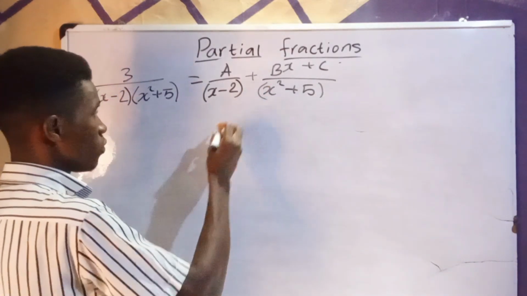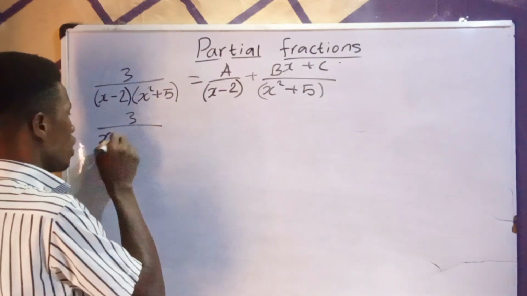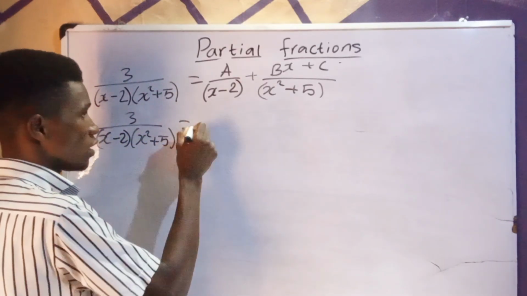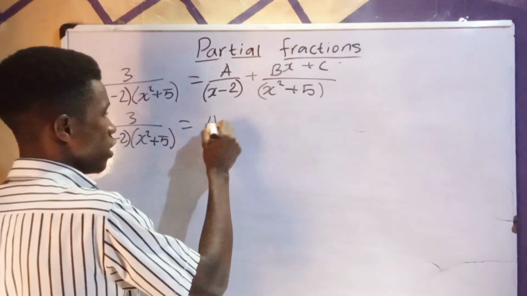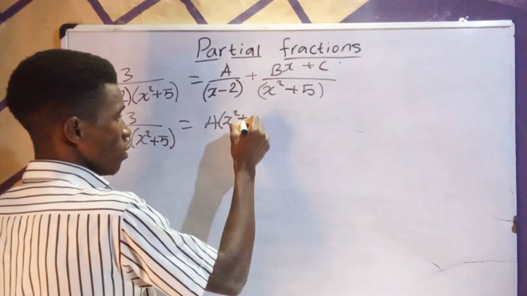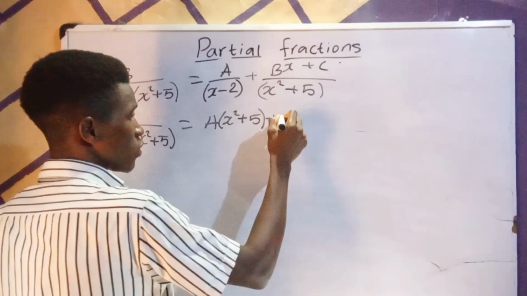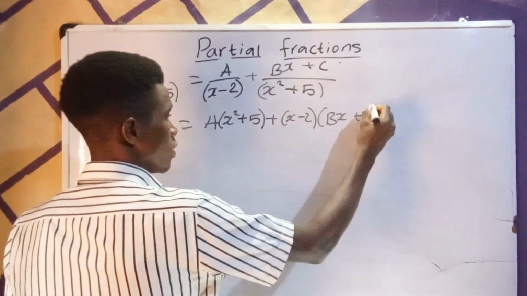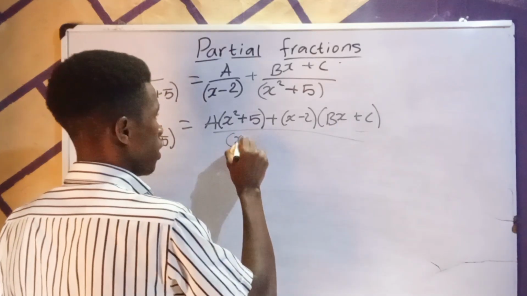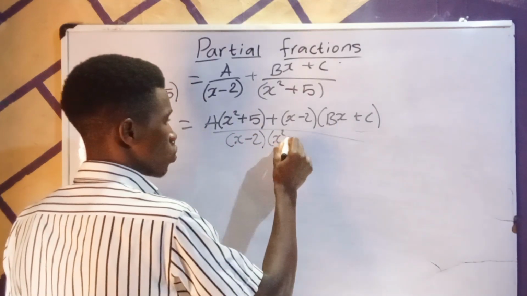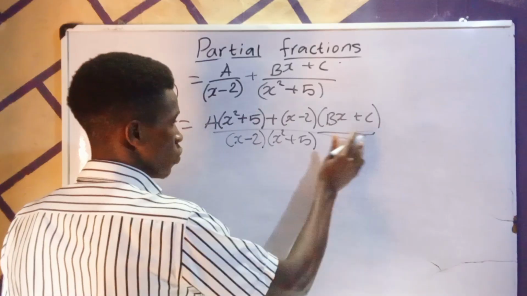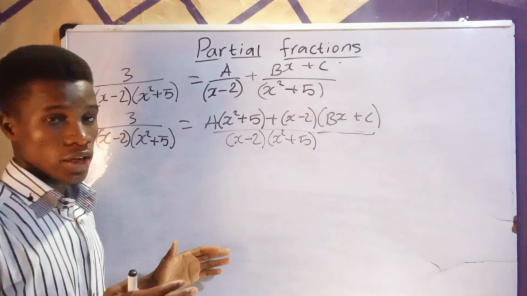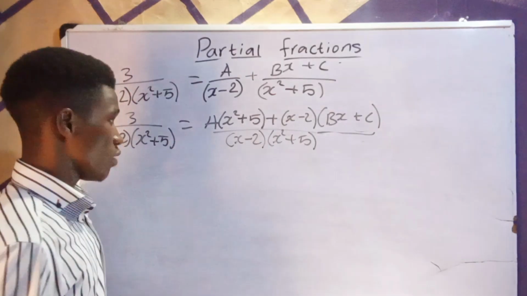So let's proceed. From here we can see that 3 over x minus 2 times x squared plus 5 is equal to, when we multiply, A into x squared plus 5 plus x minus 2 times Bx plus C, and this over x minus 2 times x squared plus 5. From here we can proceed to open the brackets, collect like terms and compare coefficients as we did in the previous one.